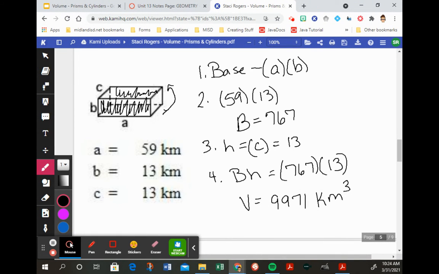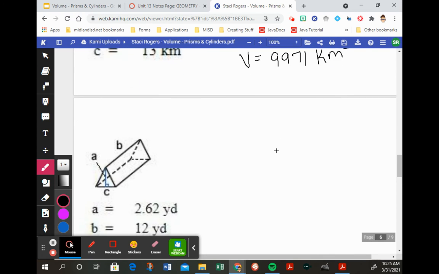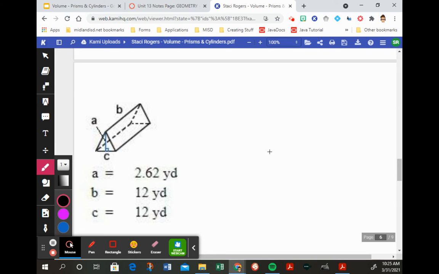Okay, so let's go on to the next problem. And there's the bell for the next class. We're going to look at a triangular prism. Now this is like a rectangular prism, except that it's got a triangle right here and right here.